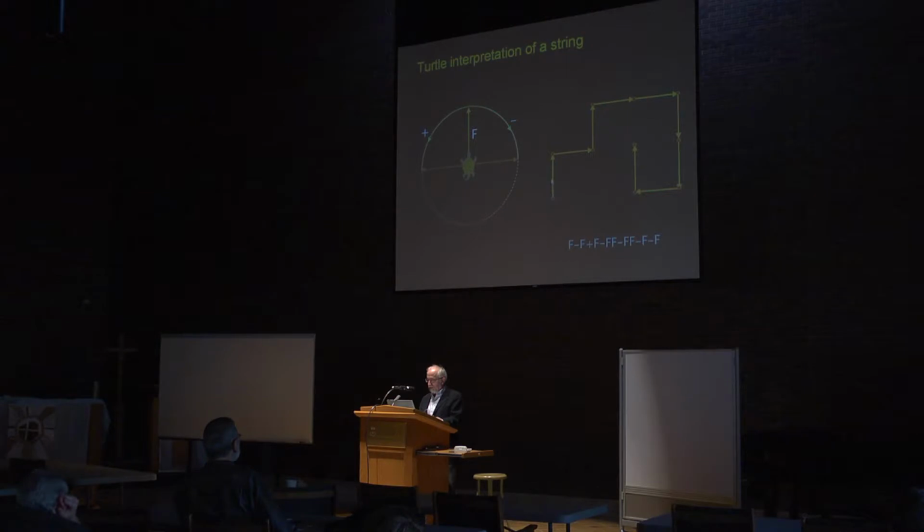The first letter F means go up, then make a turn, then go to the right, plus the second F. The third sign, plus, means to turn to the left, and we go up, 2 Fs, minus, 2 Fs, minus, F, minus, F.